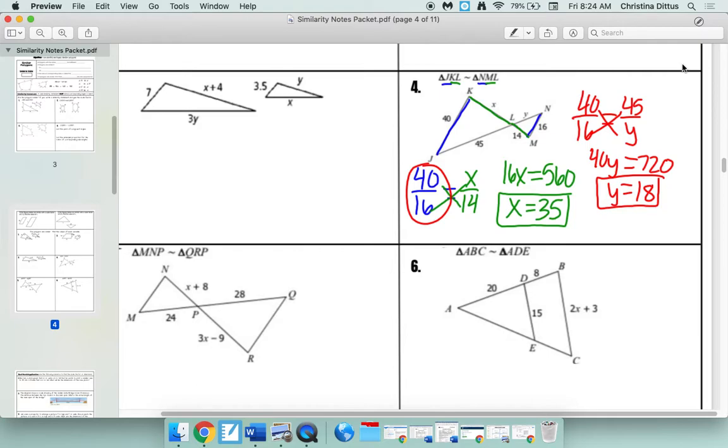Questions? Here, if I take this MP, 24, what's it going to match? That 28, QP. How'd you get that?